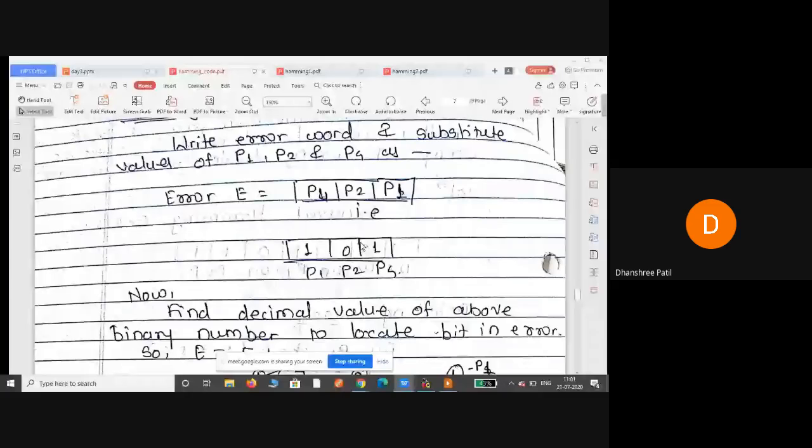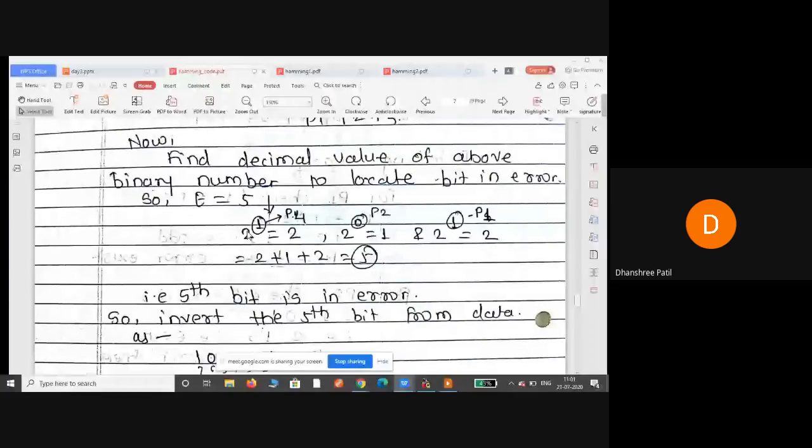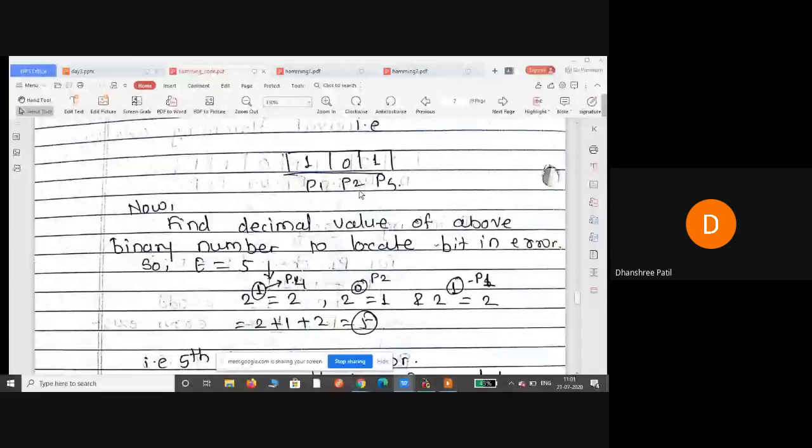Now, after keeping this, we have to calculate the decimal value of the above number to find the bit error. How to calculate the decimal value? 2 raised to 1, P4's value, it is the first position. So 2 raised to 1 is equal to 2. Then 2 raised to 0 is equal to 1.